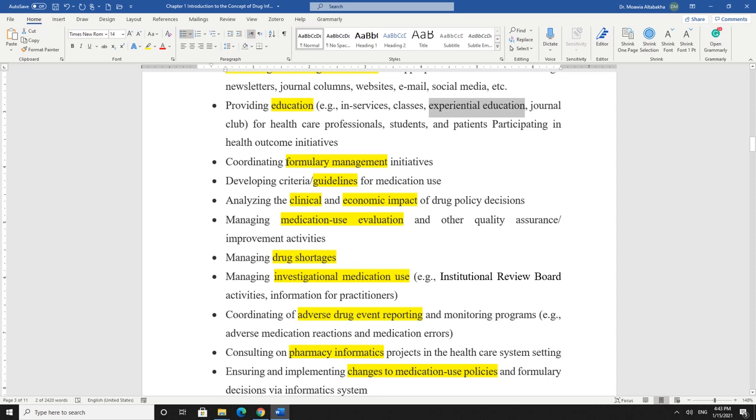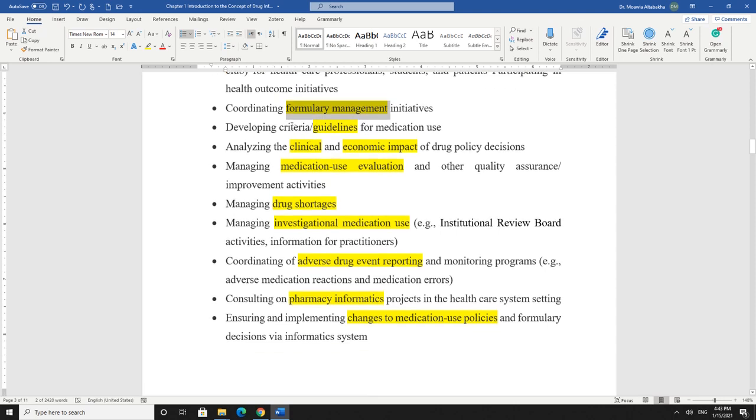I already told you about formulary management initiatives and developing guidelines. For example, what do we mean by guidelines? What are the types of guidelines? Guidelines will allow the physician and the pharmacist to follow a certain process when dealing with patients having a certain disease. For example, now you are aware of infection with COVID-19.